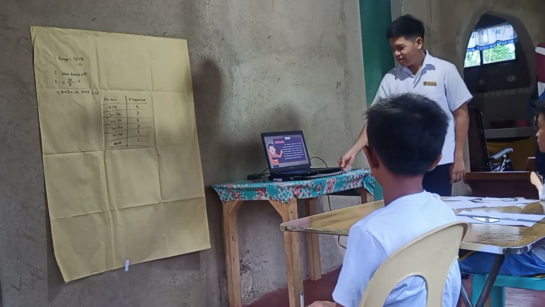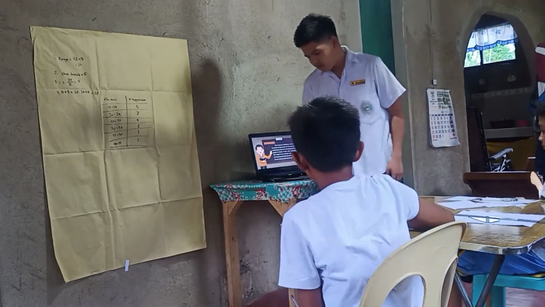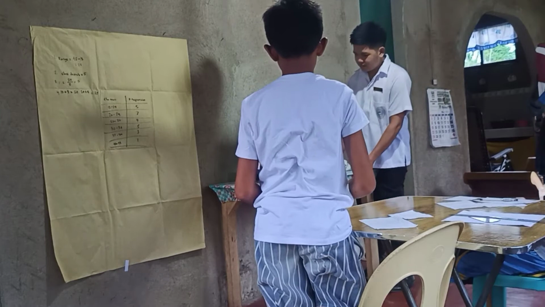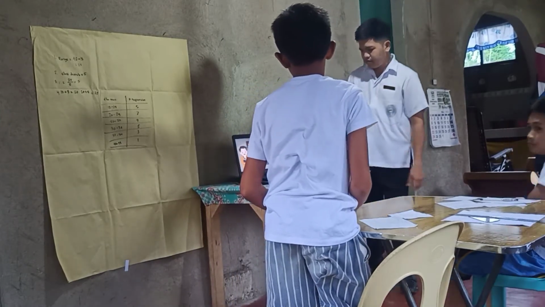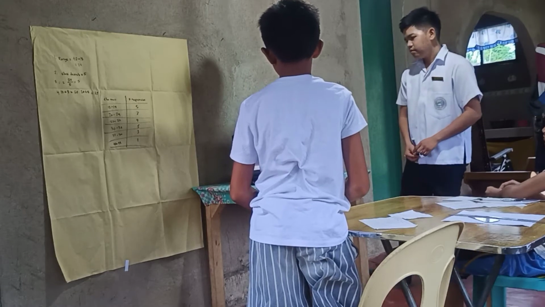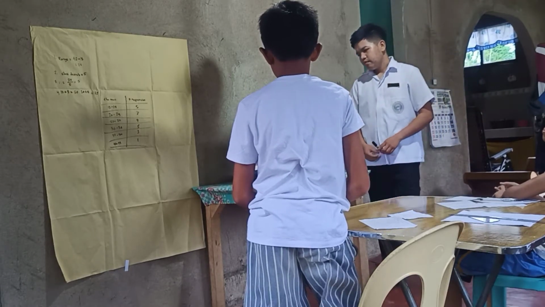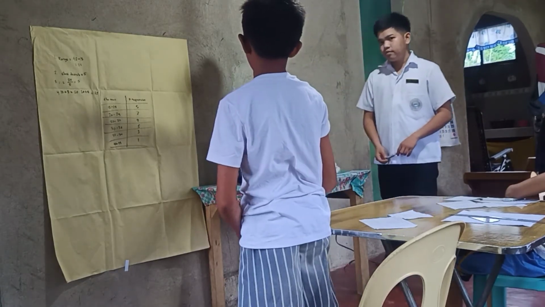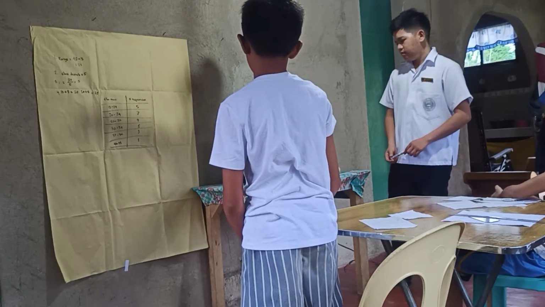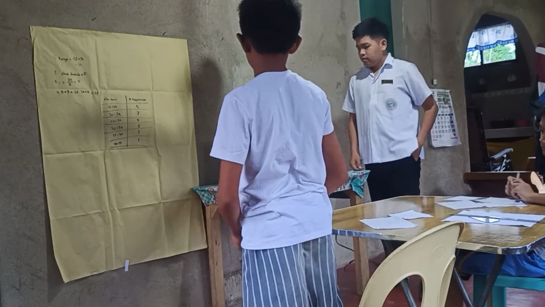Gerald, please read. The frequency distribution may also be presented graphically. The most common graphical presentation is the histogram. It is a graphical display of data using rectangles.